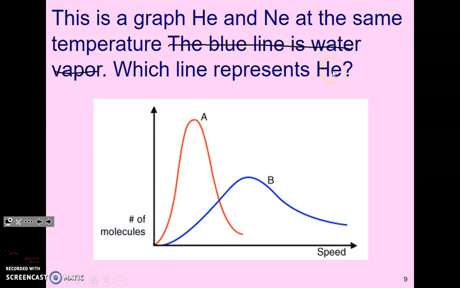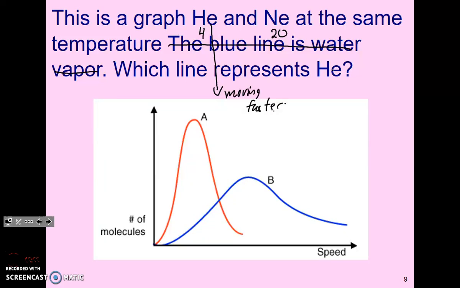Now remember, gases that are lighter move faster. He has a molar mass of about 4 and Ne has a molar mass of about 20. So the molecules of He are going to be moving faster, or have a faster average speed.